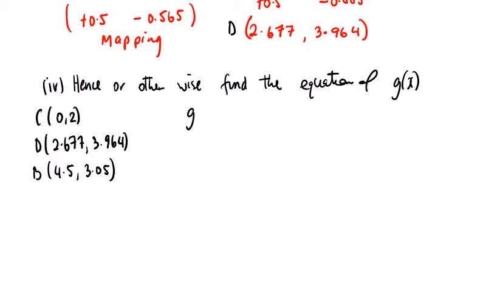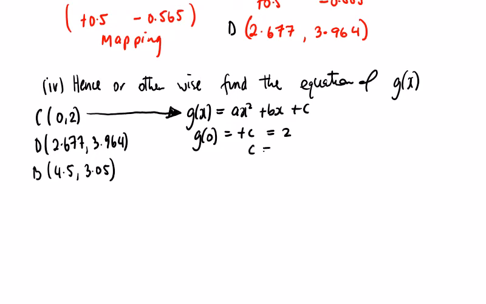And we know that g of x, for all parabolas, is ax squared plus bx plus c. So obviously if there's a 0 for x, this is going to give us c quite quickly. So g of 0 is equal to 0 plus 0 plus c, and that will be equal to 2. So c is equal to 2.